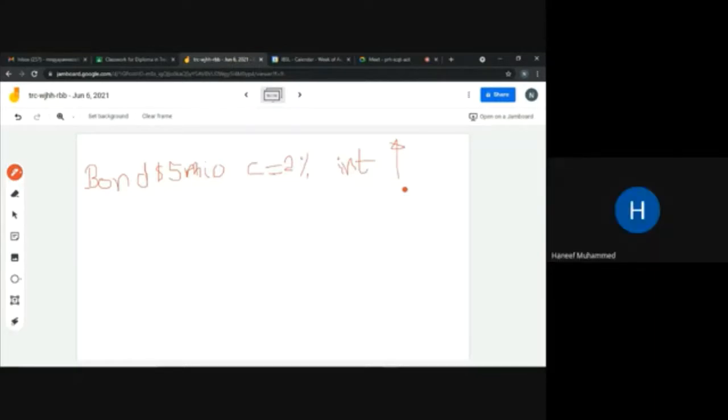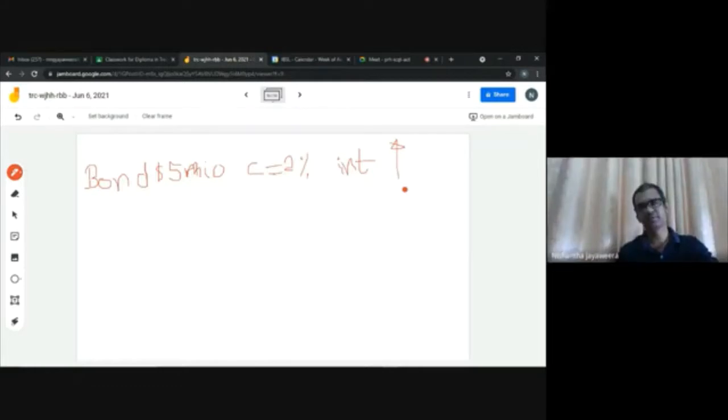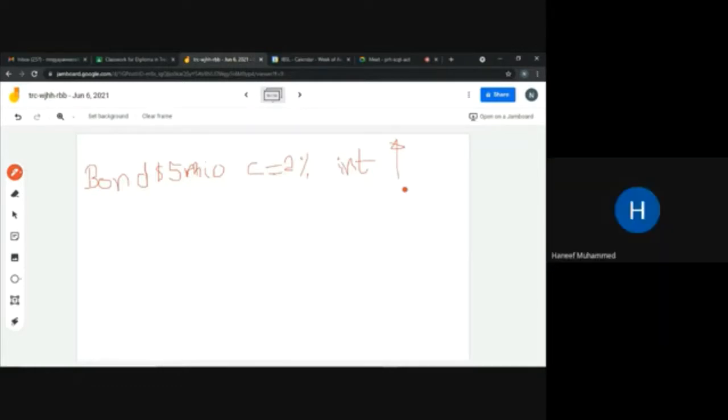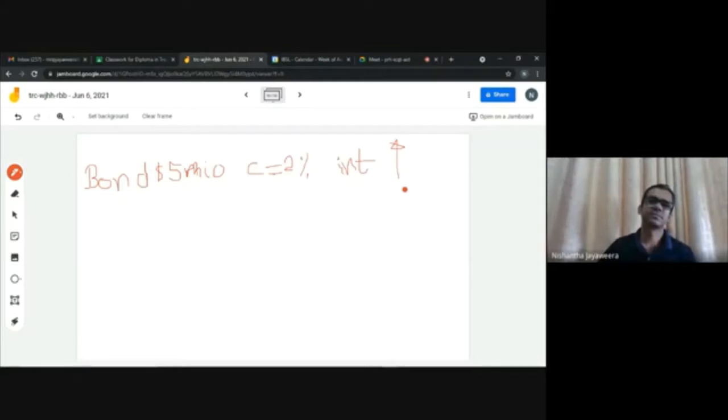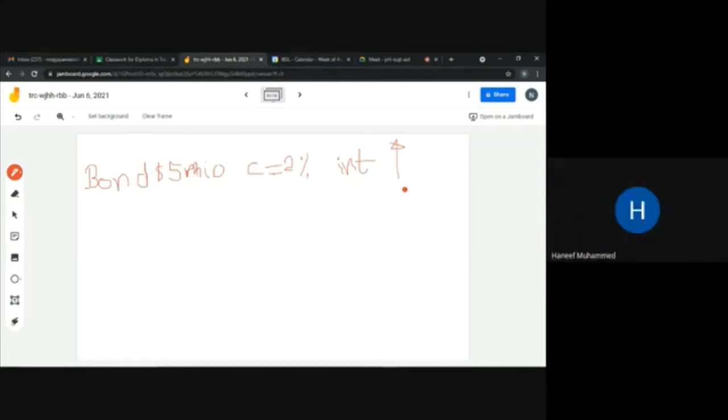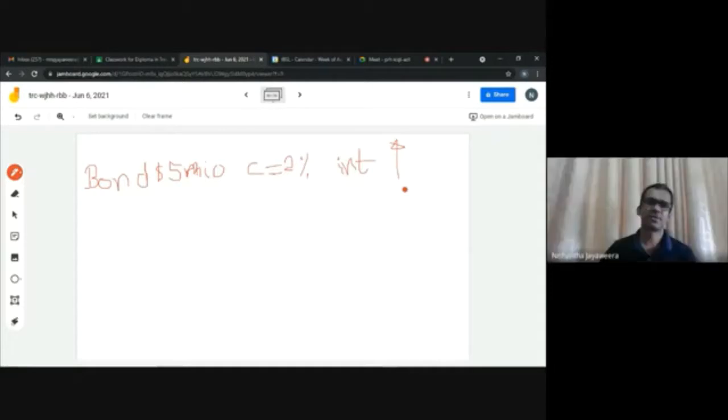Coupon rate is 2%, no? Coupon rate is 2%. So we assume that the interest rate is going to go up. Since I've already purchased the bond, I'll have a difference in my interest. What do you mean by difference in interest?